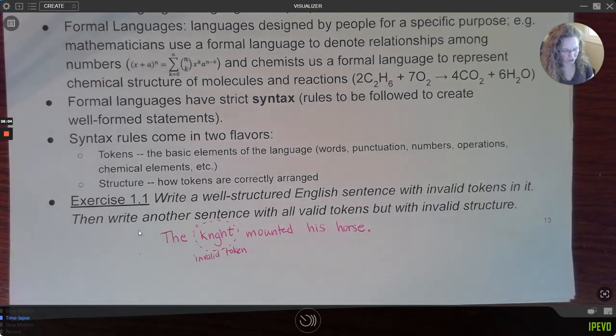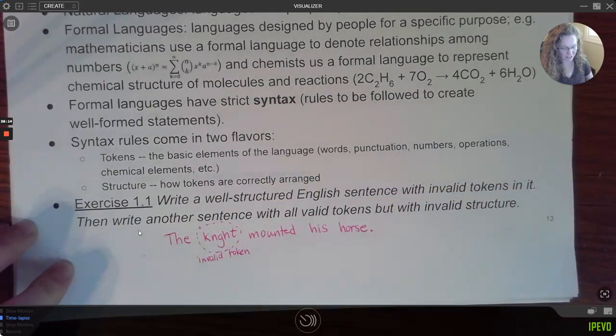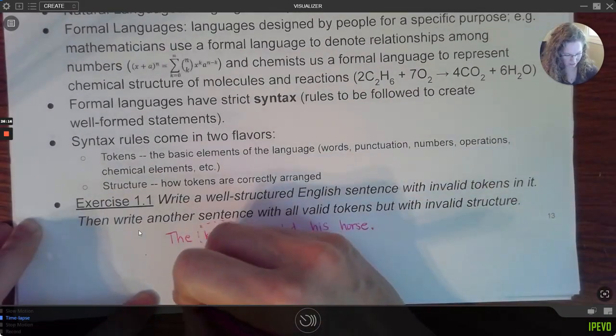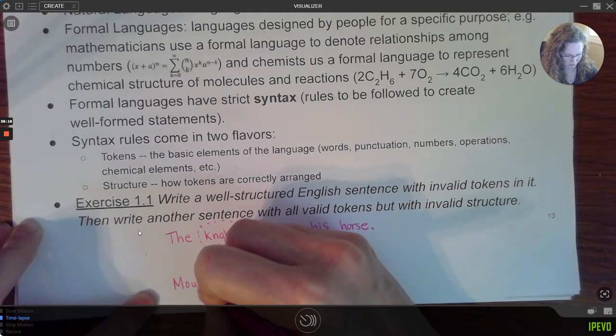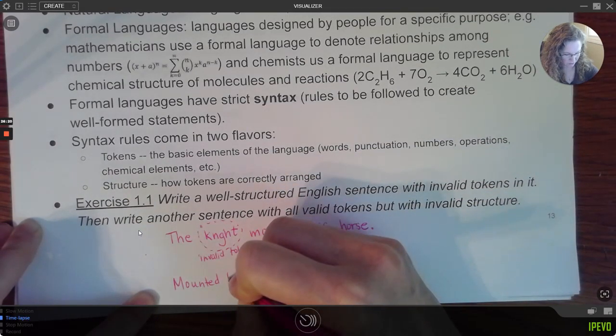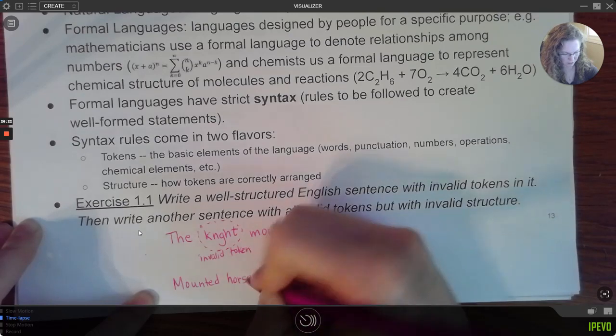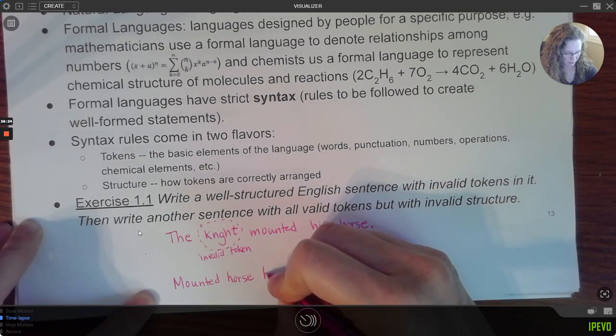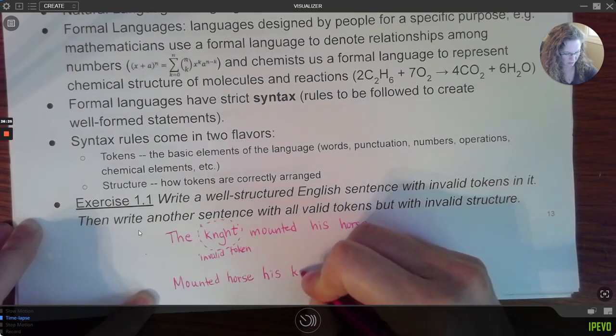All right, so let's do another sentence that has all valid tokens, but an invalid structure. Let's say I fixed my spelling error and turn this into knight, but I have something like mounted horse is knight.